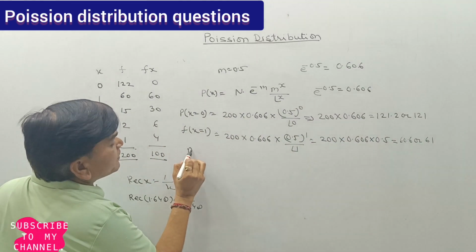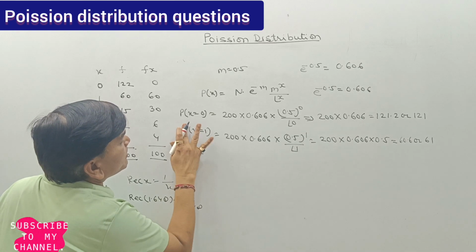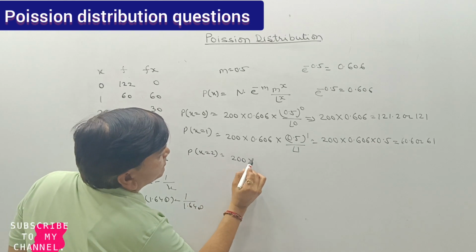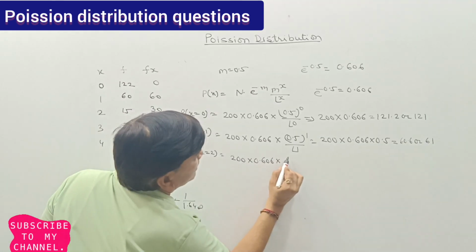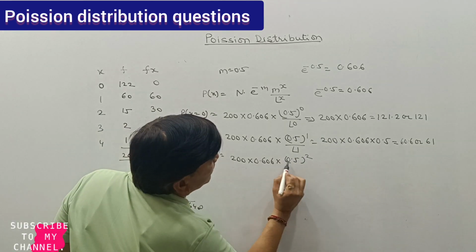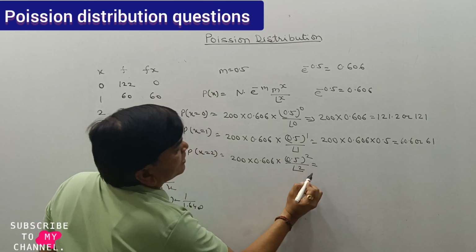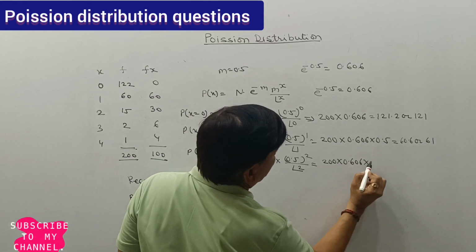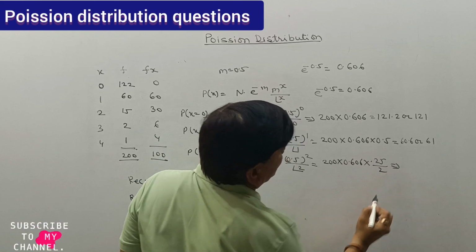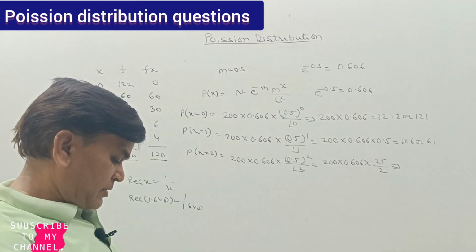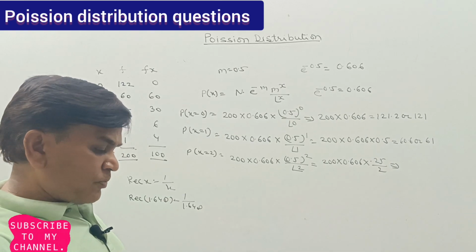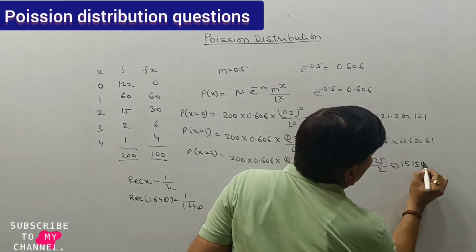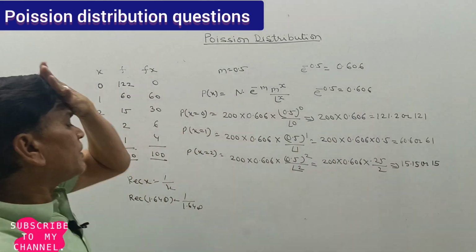Now the estimated frequency for x equal to 2 is 200 multiplied by 0.606 multiplied by 0.5 raised to power 2 divided by factorial 2. So this is 200 multiplied by 0.606 multiplied by 0.25 upon 2, which is 15.15, or we will write 15. So the third value is 15.